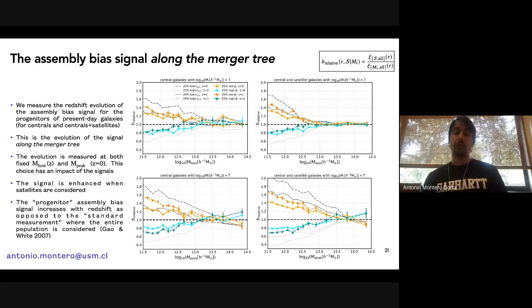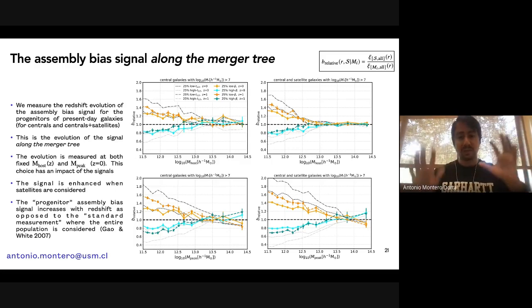In this case, it's different because we are actually measuring assembly bias for the progenitors of redshift 0 galaxies, and these progenitors are more massive in the case of lower betas than in the case of higher betas as we move back in redshift. So this is a little hard to explain, but if you look at the plots and think about it for a second, you see it. Yeah?